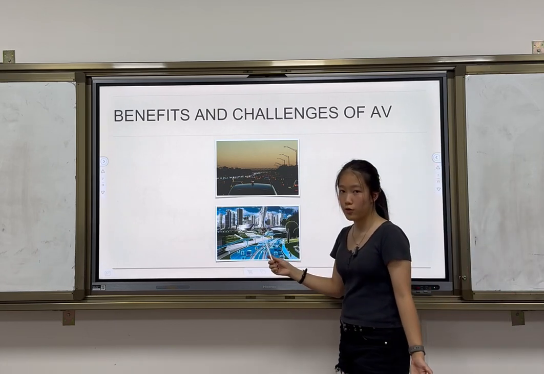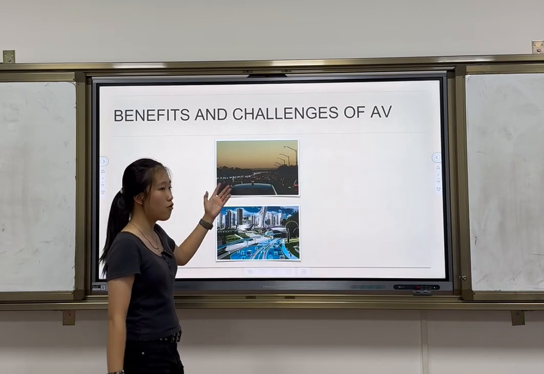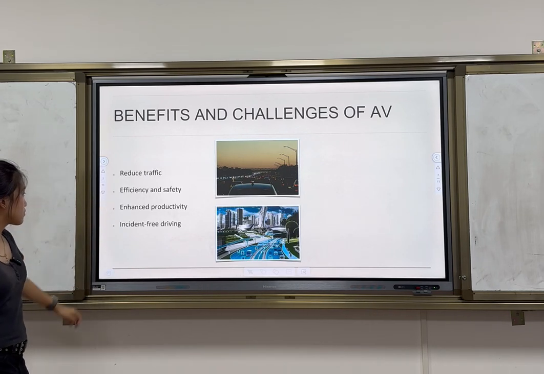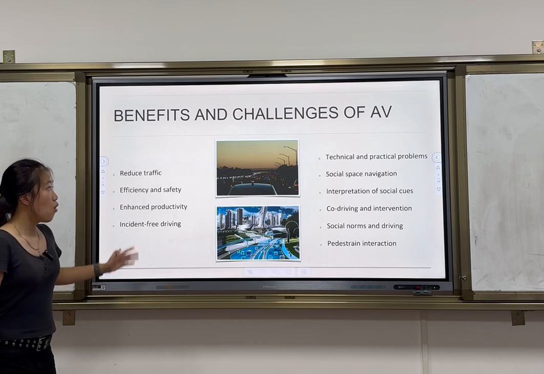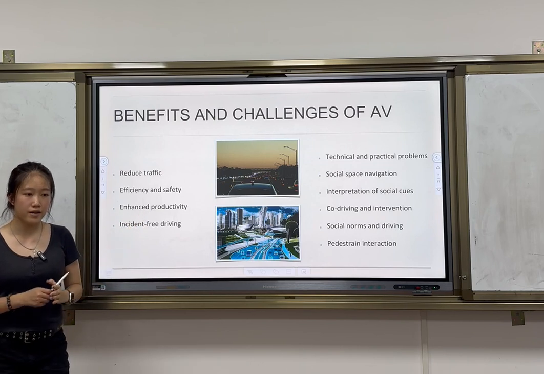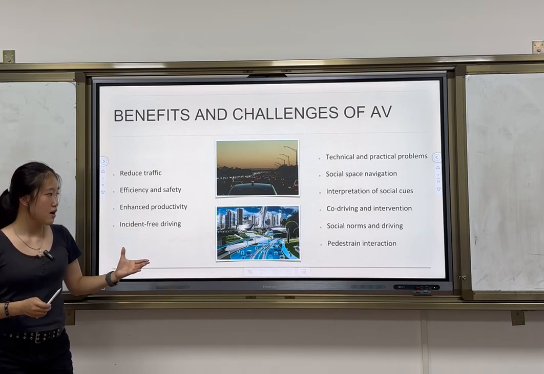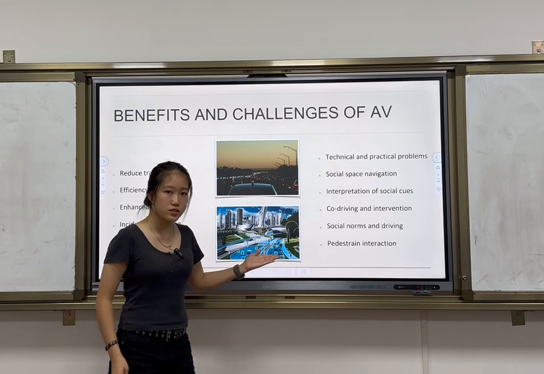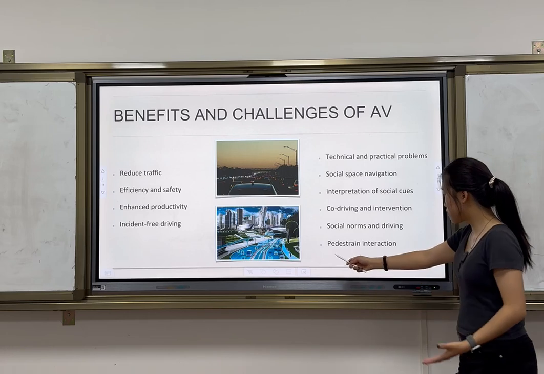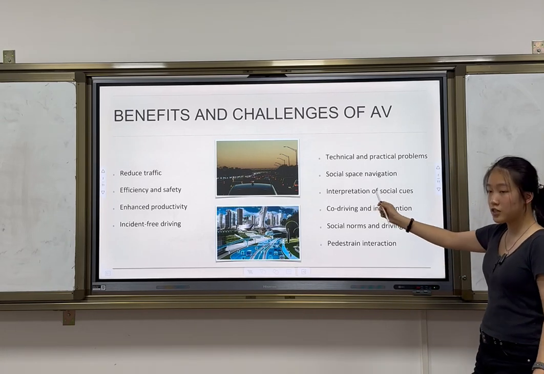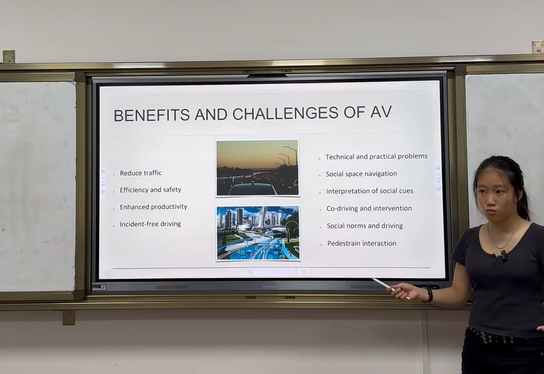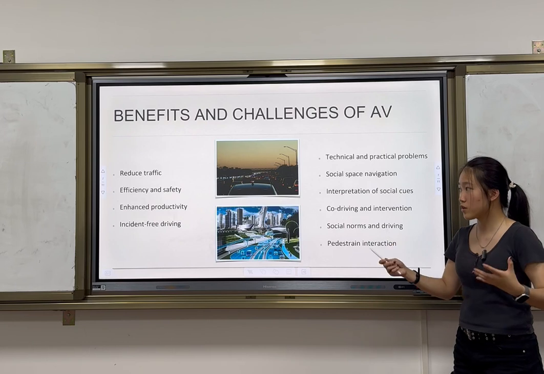So we need to focus on the benefits and challenges of autonomous vehicles. While autonomous vehicles offer promising benefits to cities, if we want this integration to be successful, pedestrian interactions, the interpretation of human beings, and their intentions on the road should be focused on.